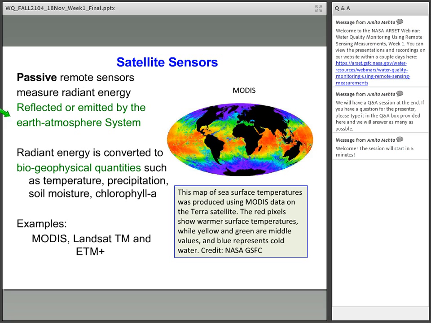This energy is then converted back to biogeophysical quantities such as temperature, precipitation, soil moisture, chlorophyll. So that is derived from what is measured here. And some examples that we will be looking at are from MODIS, from the Landsat satellite. There is Thematic Mapper and Enhanced Thematic Mapper. These are the sensors we'll be looking at.